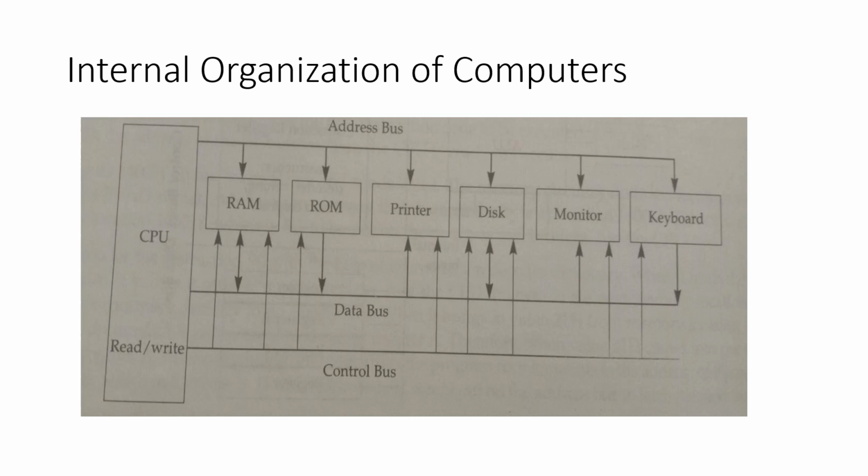The function of the CPU is to execute or process the information which is stored in the memory. And we have split up the devices here. The RAM and ROM form the memory section, and the printer, disk, monitor and keyboard all form the I/O section, which is used to provide a means of communication with the CPU.